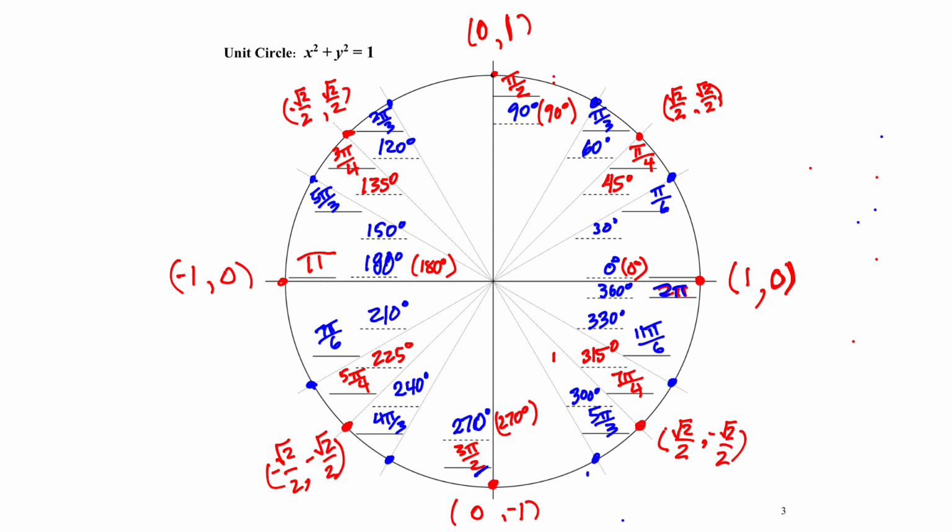So this is really about just counting and adding up to 12. There are 12 places where each time we're adding another 30 degrees or another pi over 6.